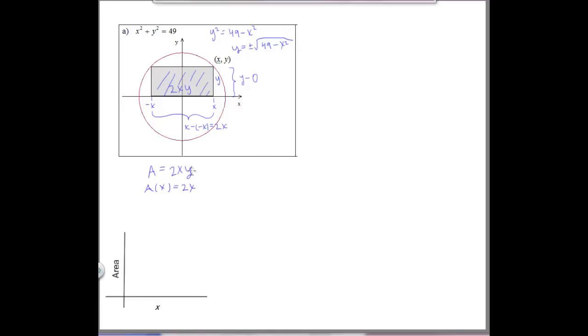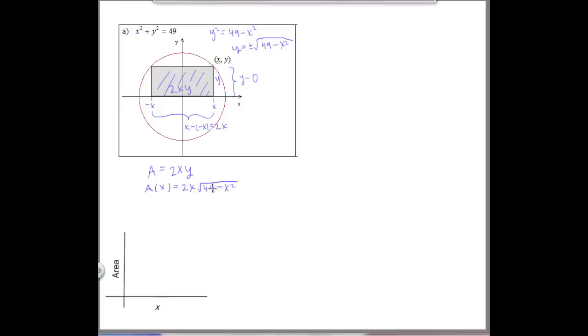Then we can take out the y and put in the square root of 49 minus x squared. I don't have to worry about the plus or minus because the problem involves just the upper half, so this distance y is the positive root of 49 minus x squared.